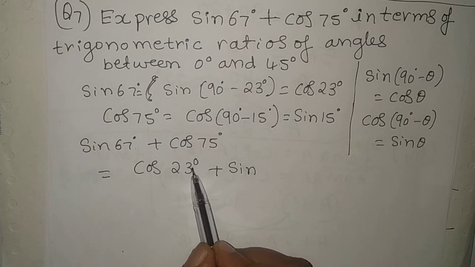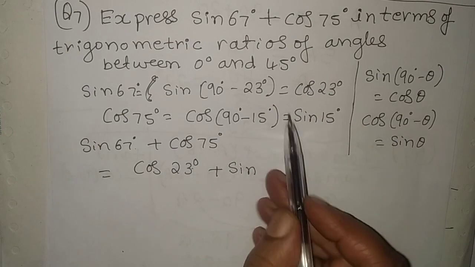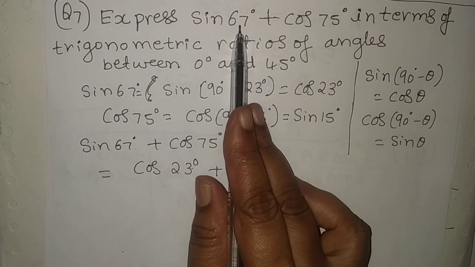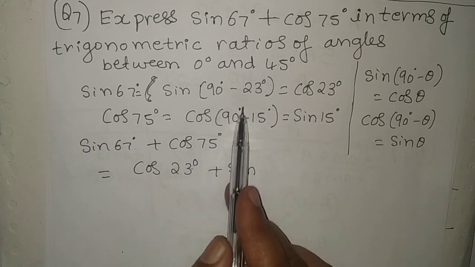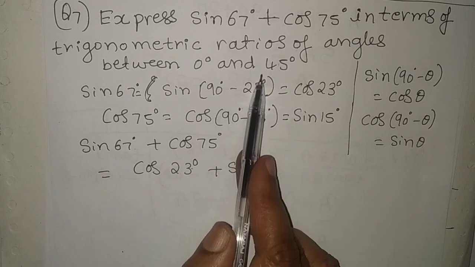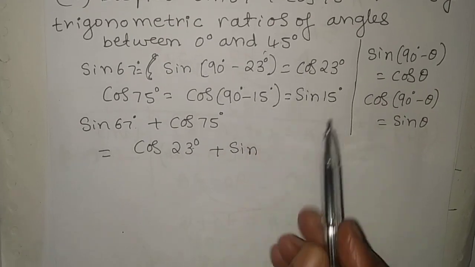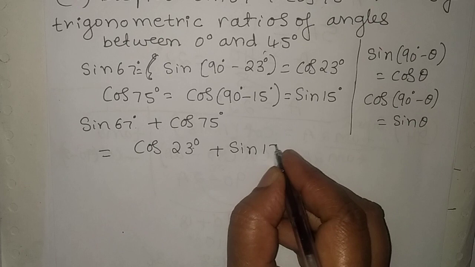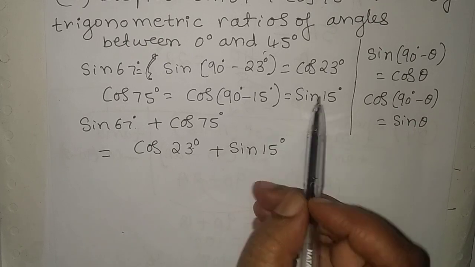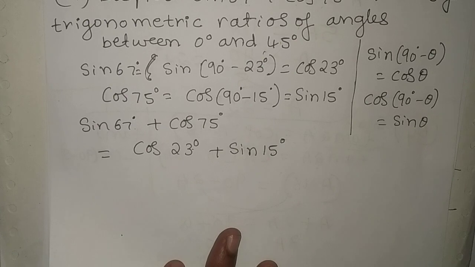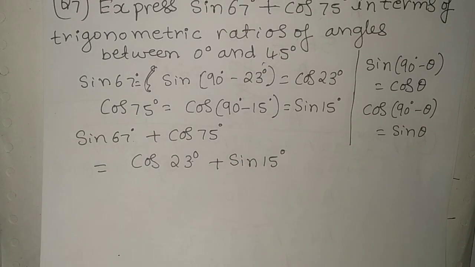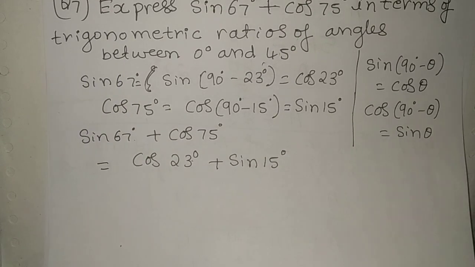Since 67 and 75 are greater than 45, we have to decrease them to less than 45. So now we get sine 15 degrees. That's all, we have to just decrease the degrees and write. So this is the solution for question 7, and this completes exercise 11.3.